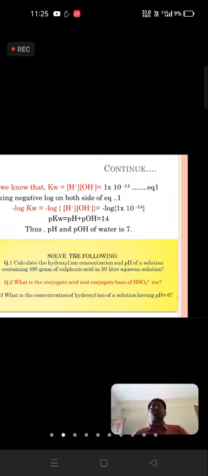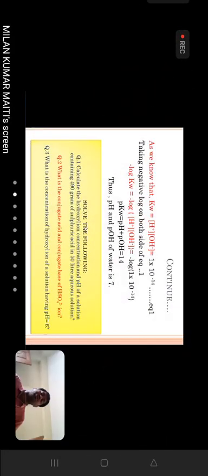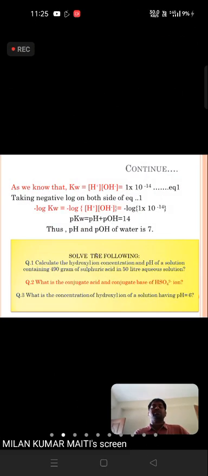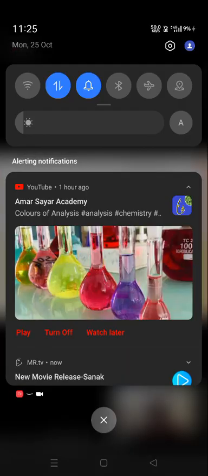That means concentration of OH minus is equal to 10 to the power minus 14 divided by 10 to the power minus 6 is equal to 10 to the power minus 8. 10 to the power minus 8 is the hydroxyl ion concentration and 10 to the power minus 6 will be the concentration of H plus ion.